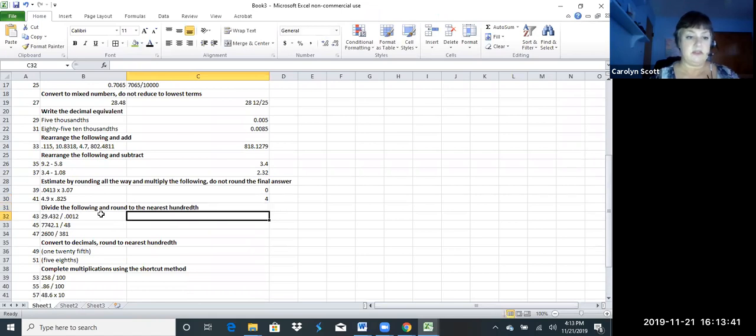So now we have to divide the following and round them to the nearest hundredth. So again, it's just math, at least at first. So 29.432 divided by 0.0012. Okay, we've got this number, but we want to round to the nearest hundredth, which means that we're going to evaluate all of the numbers to the right of the hundredths place.